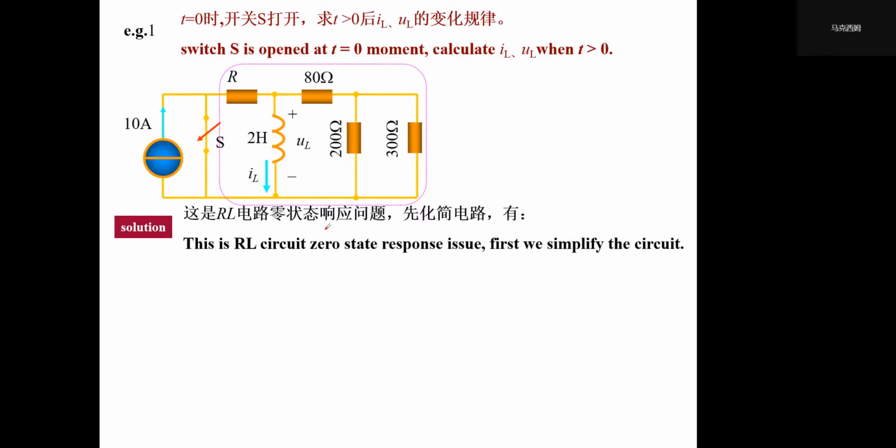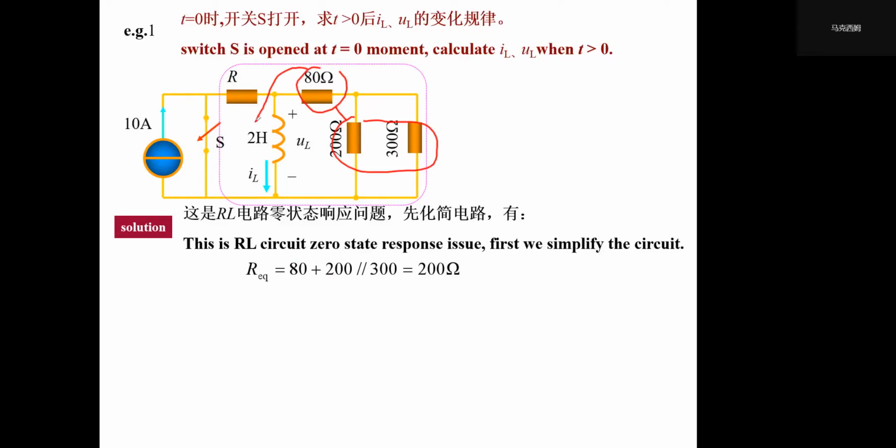Let's see. This is a typical RL zero state problem. So first we have to simplify the circuit into the typical RL circuit. So we know those two in parallel and in series connection with it, and this one and those two are in parallel connection. So R equals 80 plus 200 and 300 in parallel.